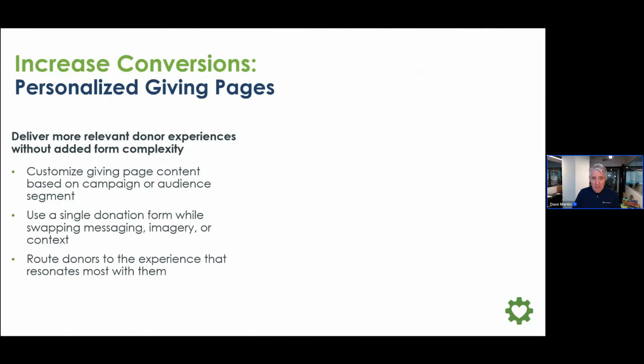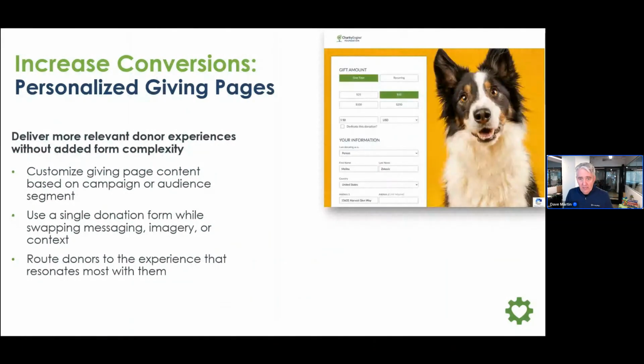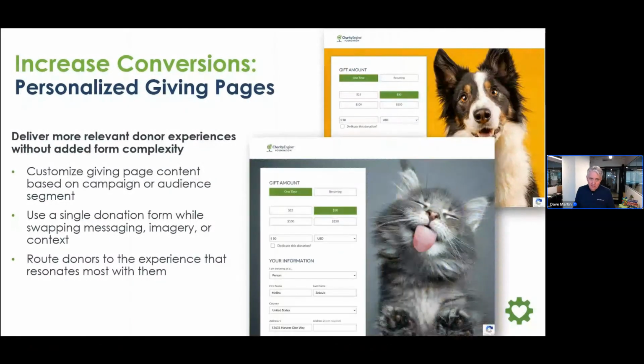In this case, maybe you're asking at your animal shelter, and you're going to your segment of people that loves dogs, or you might be sending it to your segment of people that loves cats, right? Same form, different background, personalizing the giving page. So look and see if you can do that with your current provider, but that's a cool thing to do.